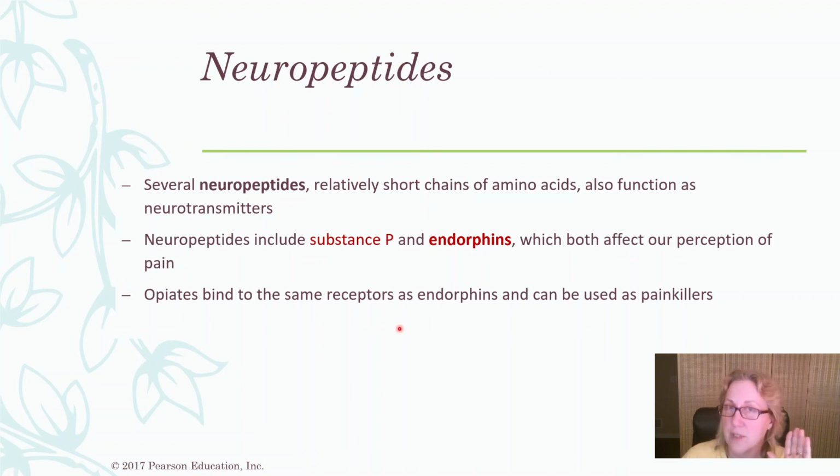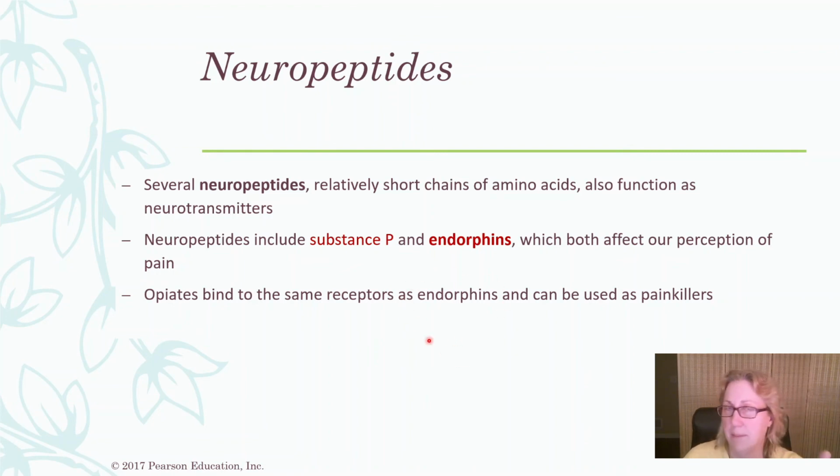And if there's a receptor for something in the central nervous system, that means your brain is making something that binds to that receptor, or something in the body is. They didn't discover the natural substance that was binding to these opiate receptors until the 1970s or 80s, I think late 1970s. And these are also in the body. They are naturally occurring painkillers. And they're also involved with mood.